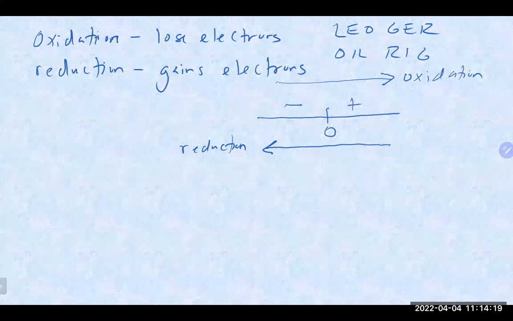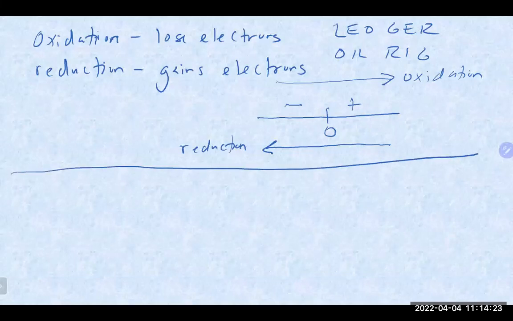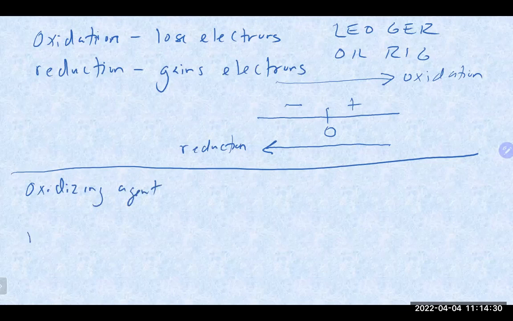Now, there's also something known as the oxidizing agent and the reducing agent. When you're talking about the agent, not what is being oxidized or what is being reduced, but the oxidizing agent or the reducing agent, the easy way to remember it is it's the opposite of the name.